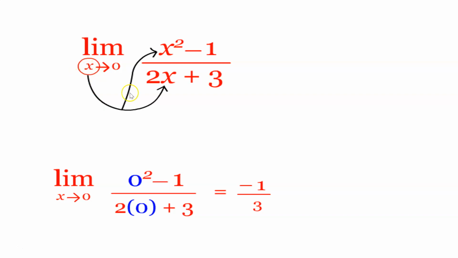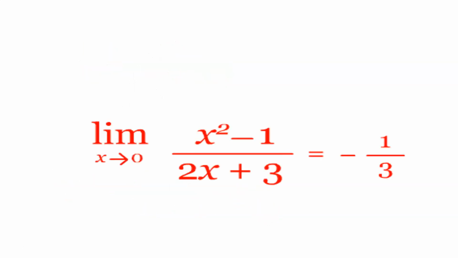Now we're going to substitute all the x values you have in the function with 0. So x squared becomes 0 squared minus 1, and then this x over here, you just substitute it with 0. And then you just key in your calculator and you get negative 1 over 3. So that is the substitution method.